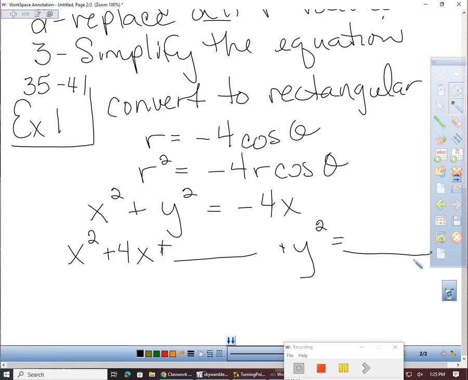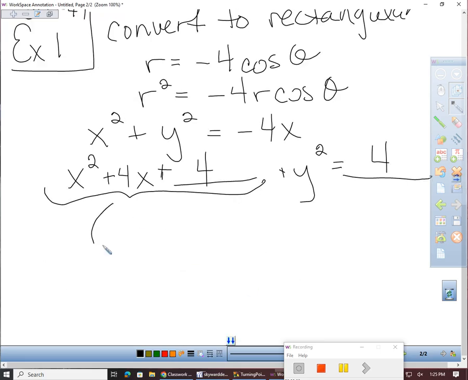When we complete the square, we take half of this number and square it. So half of 4 is 2, and I square that, I get 4. Whatever I add to this side, I have to add to this side. Now, this one right here makes a perfect square. It is x plus half the middle number, quantity squared.